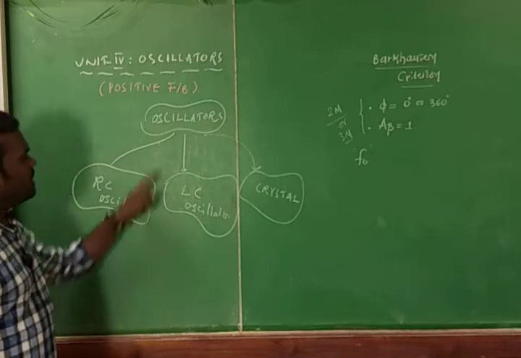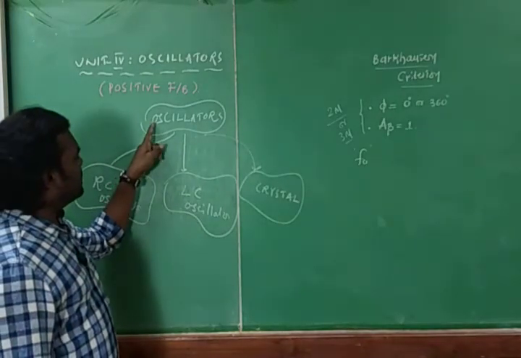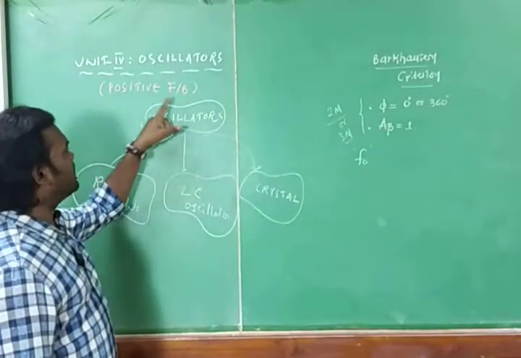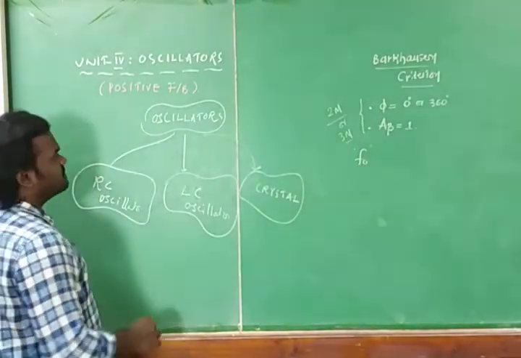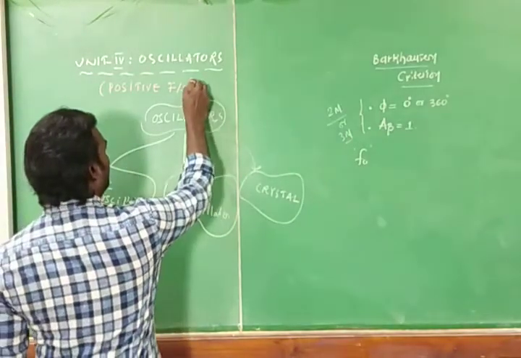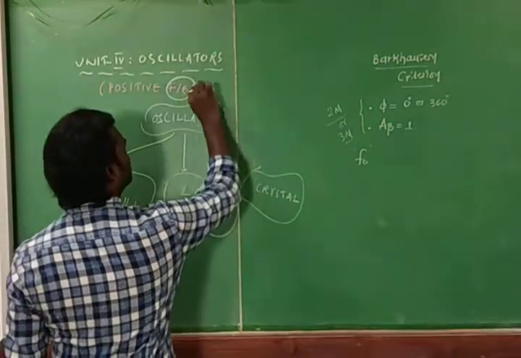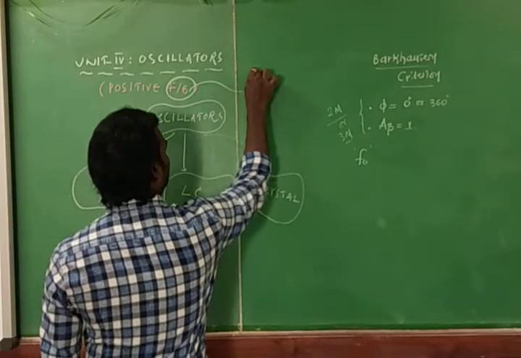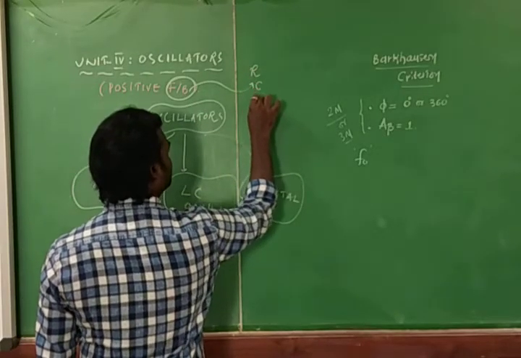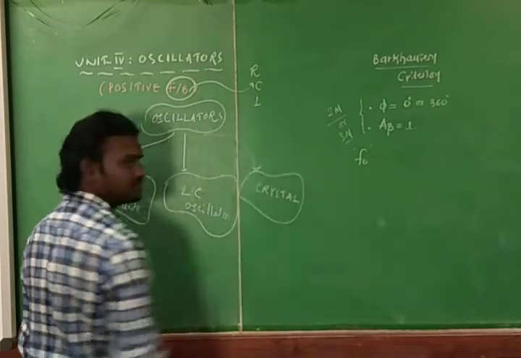In the RC oscillator, what does that mean? We know that oscillator circuits are designed with positive feedback, and in the third unit we discussed that the feedback network can be designed with passive components only: resistor, capacitor and inductor.